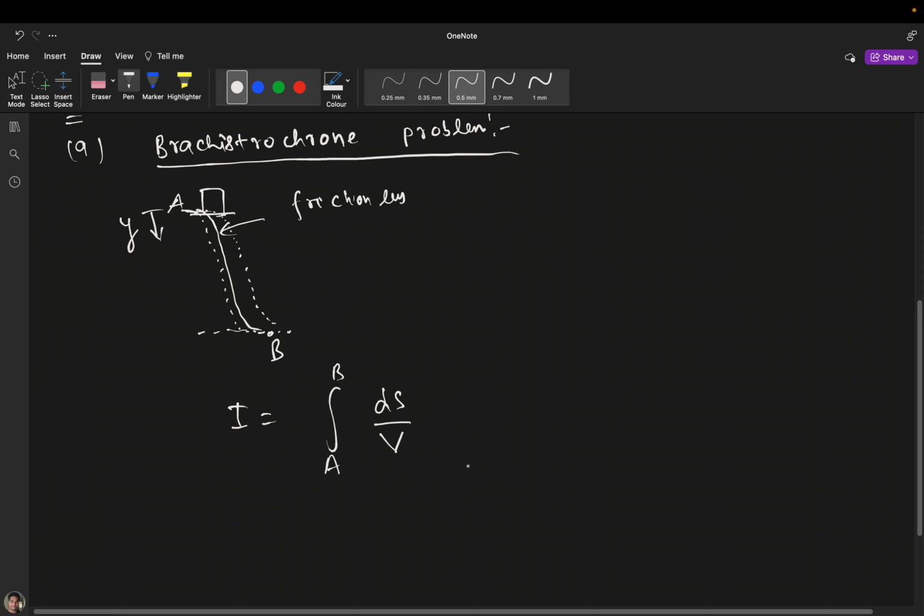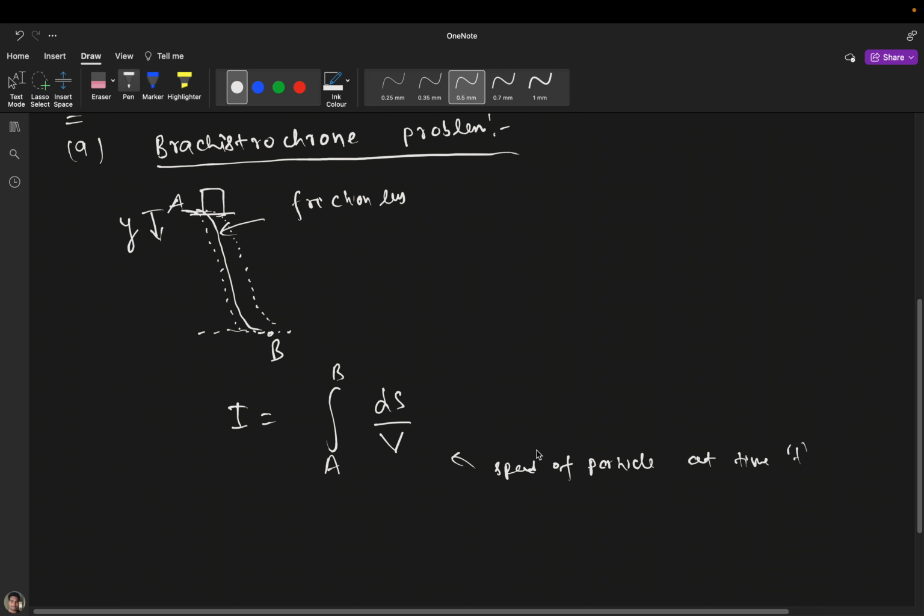What is v here? v is the speed, not velocity, because velocity is a vector quantity and a vector cannot be represented in the denominator. So v is the speed of the particle at time t.